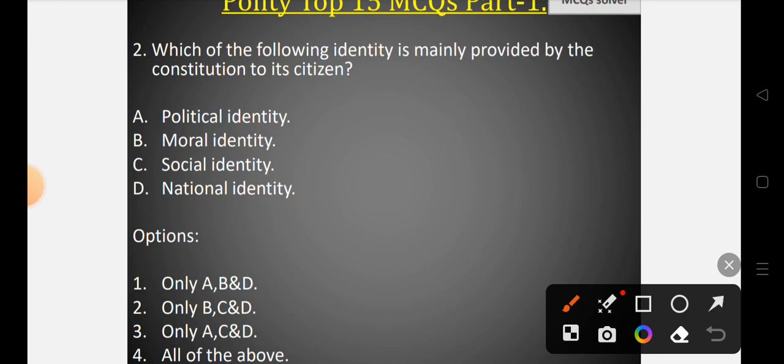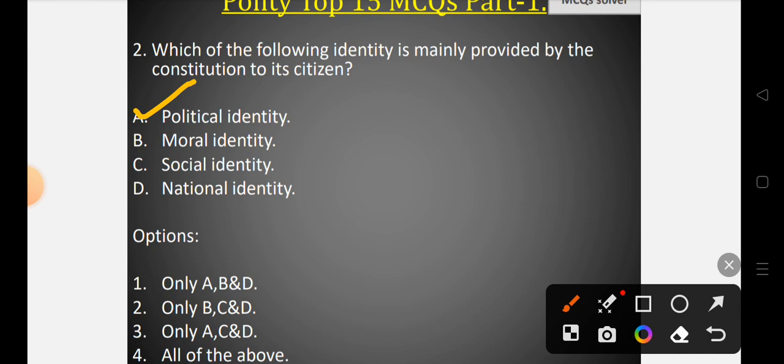So basically the Constitution provides some identity to its citizens. First of all, a political identity is being provided by the Constitution, that they can form the government, and the government is formed by the people itself. Then the powers of the government are defined in the Constitution. So a set of political identity is provided by the Constitution to its citizen.